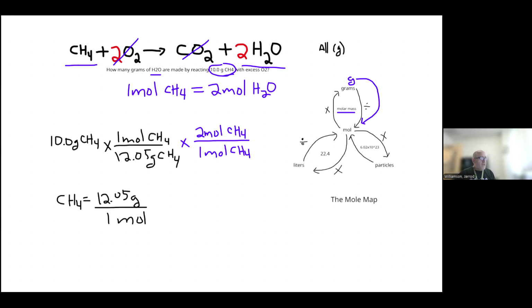When I do that, grams of methane cancel with grams of methane, leaving moles of methane. Moles of methane cancel with moles of methane.